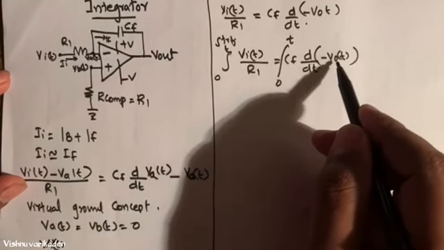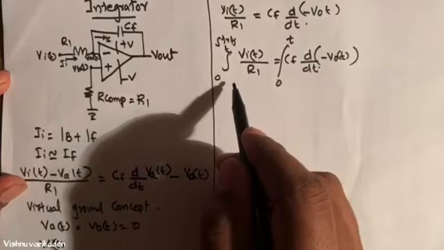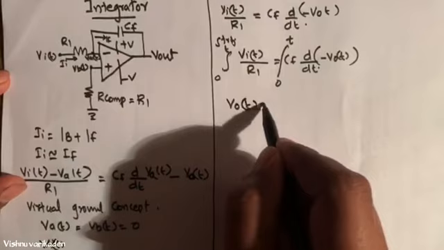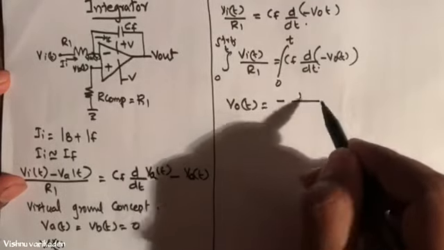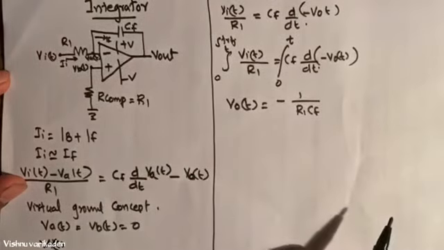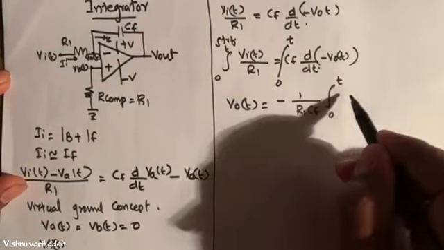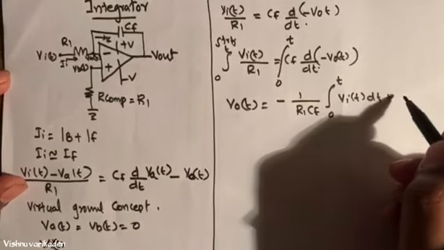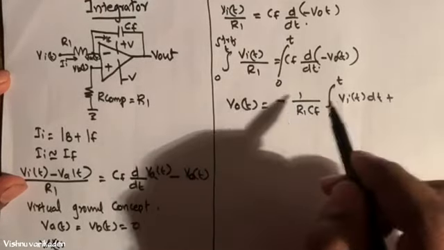Taking Cf as a constant, the integral from 0 to t of d by dt of minus V0 of t gives V0 of t only. So the output voltage of the integrator is V0 of t equal to minus 1 by R1 Cf times the integral from 0 to t of Vi of t, plus a constant.